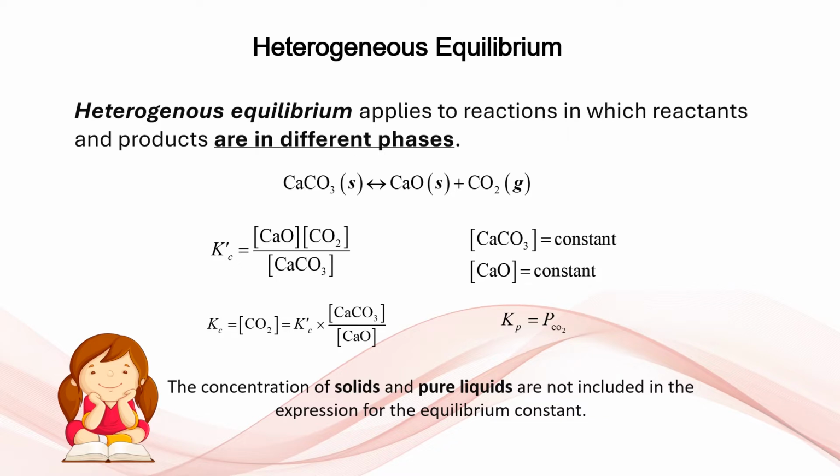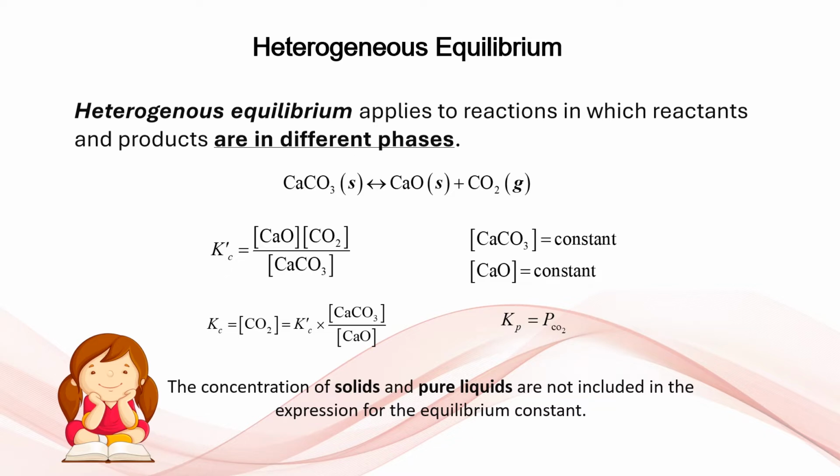At equilibrium, we might write the equilibrium constant as the concentration of the product divided by the concentration of the reactant, which again we call K prime here to differentiate it from the final form of the equilibrium constant. Likewise, pure liquids and solids are not included in the expression for the equilibrium constant.